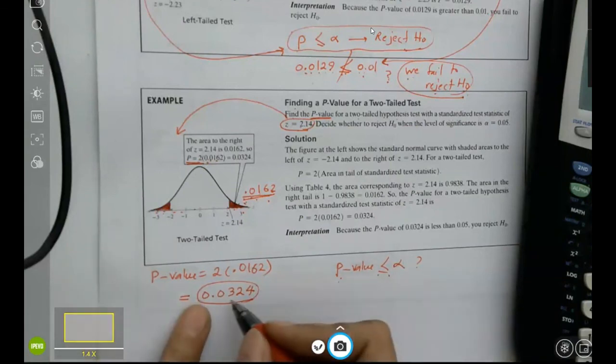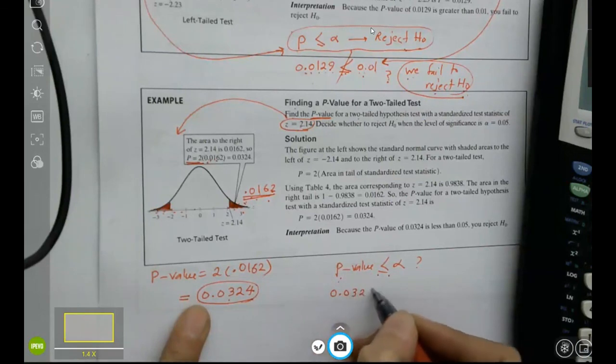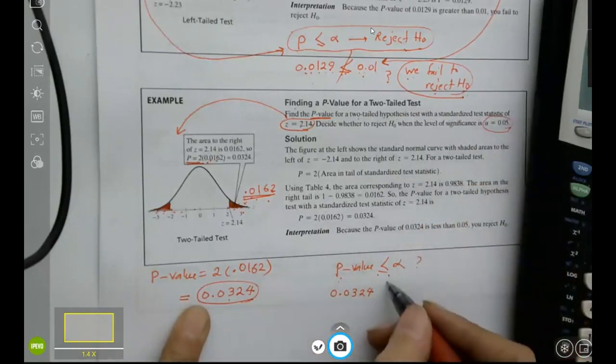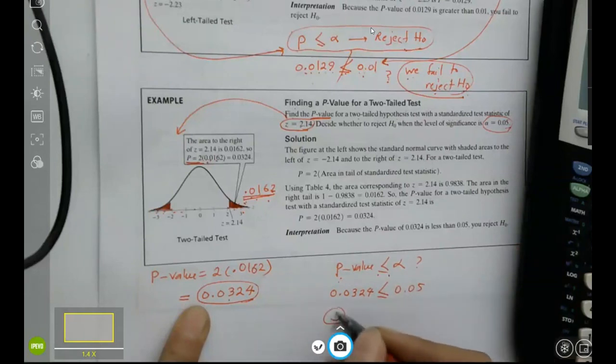The p-value is 3%, 0.0324. What is our alpha? Alpha is 5%. Less. Very good. Yes, it means that we reject the null hypothesis. This is our conclusion.